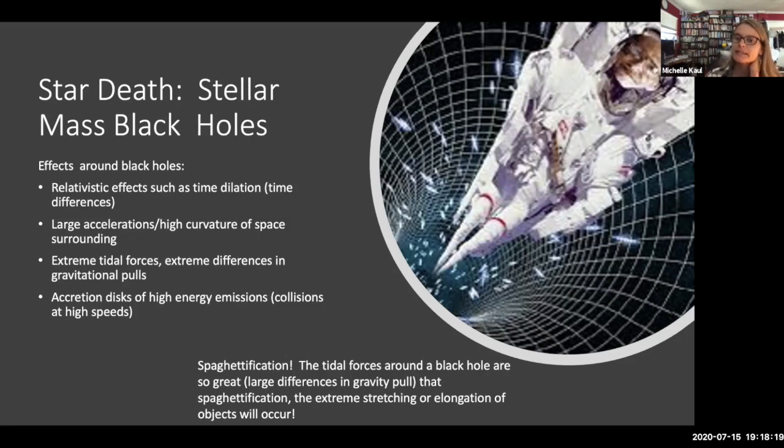General relativity is the theory of gravity as well. So time dilation effects are one of the big ones. We get large accelerations and a high curvature of space, so we're talking about really warped space around black holes. Then we have these extreme tidal forces, differences in gravitational pulls. And then we have the accretion disks of high energy emissions around them.